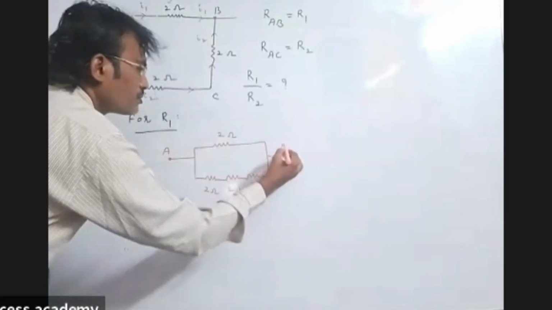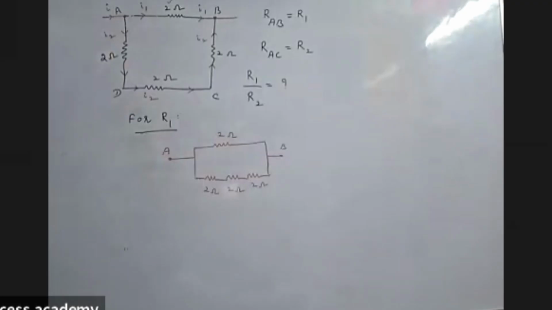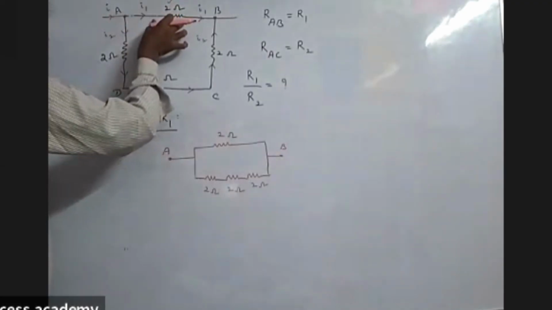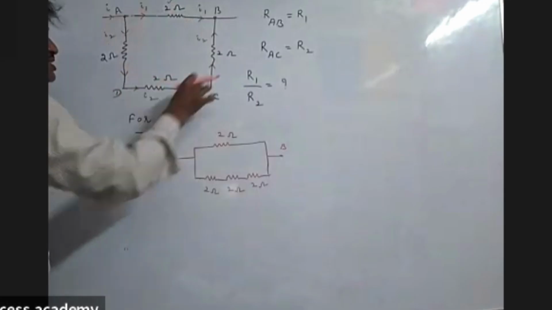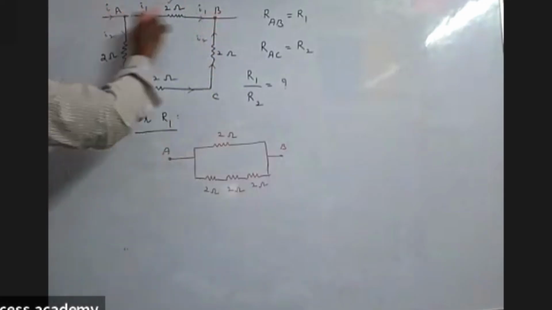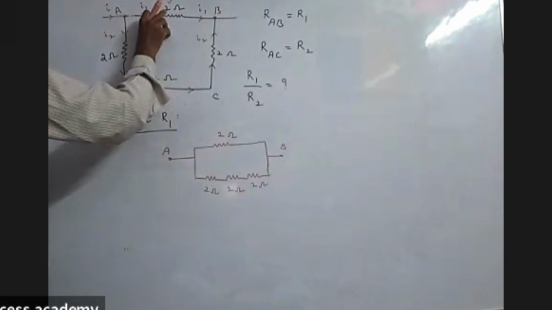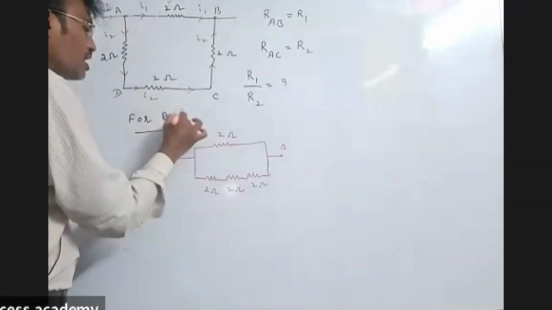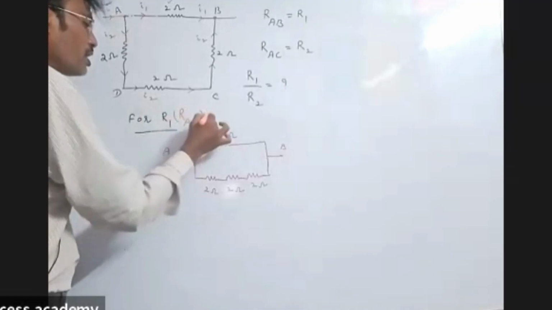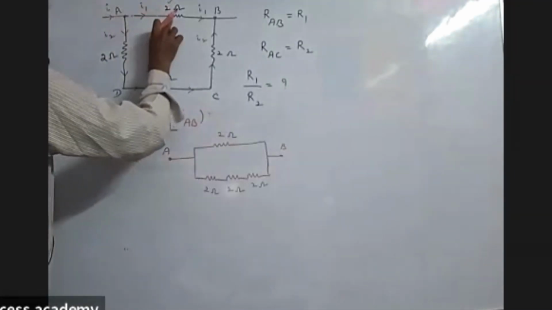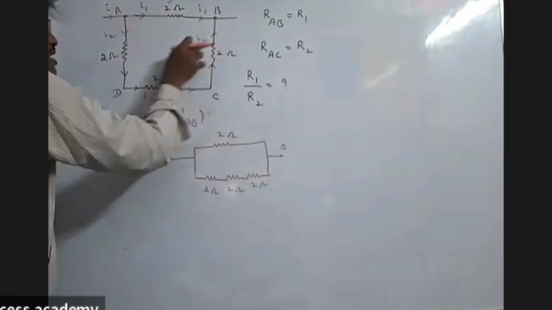So whatever ends you are considering, with respect to those two ends, the remaining resistors are in parallel to that. Here across AB, only one resistor is present. We are considering at first AB. R1 means RAB. With respect to this 2 ohm resistor, all the remaining are in parallel to that.